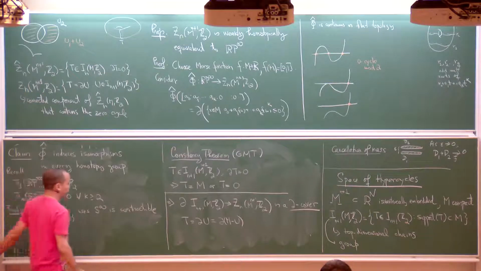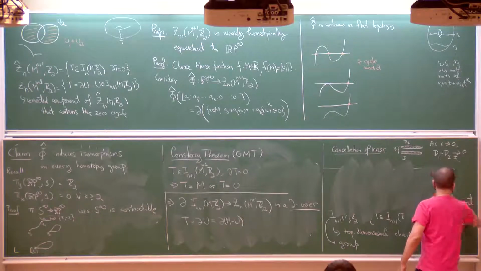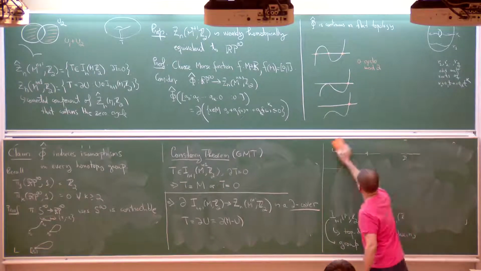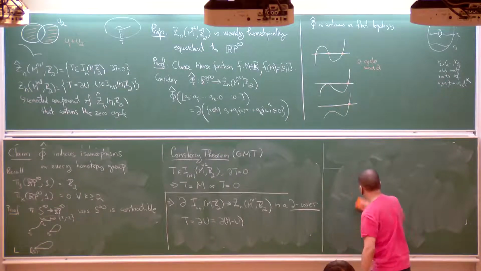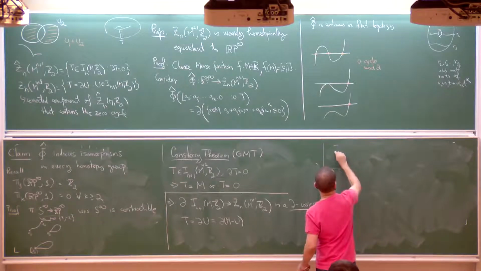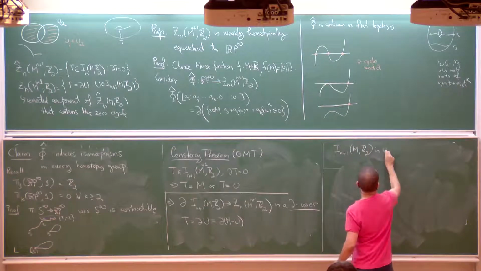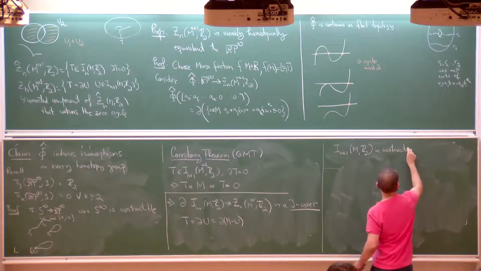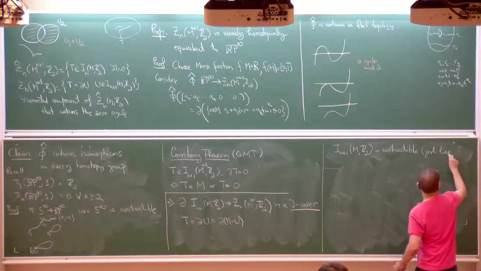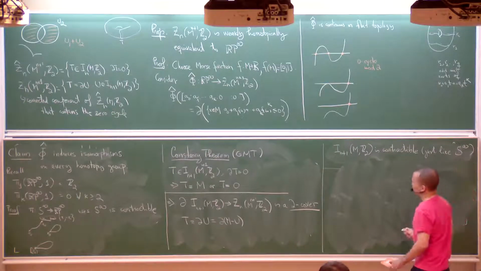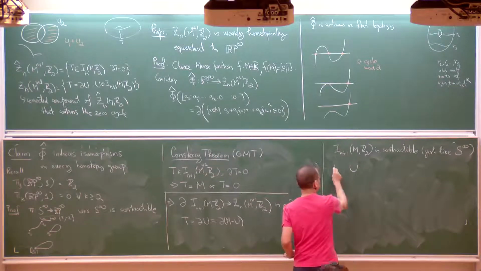And then one can also prove that the space of top dimensional chains is contractible. So the space of top dimensional chains is contractible, just like the infinite dimensional sphere. So the proof is simple. If you give me a region U, I consider the following deformation.